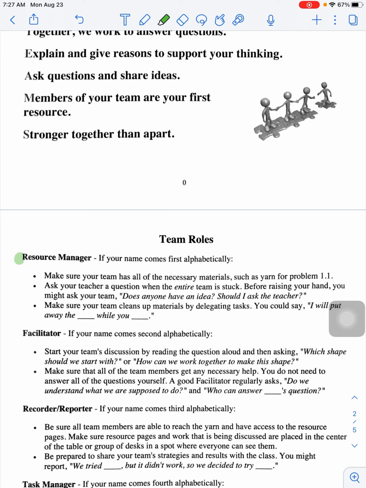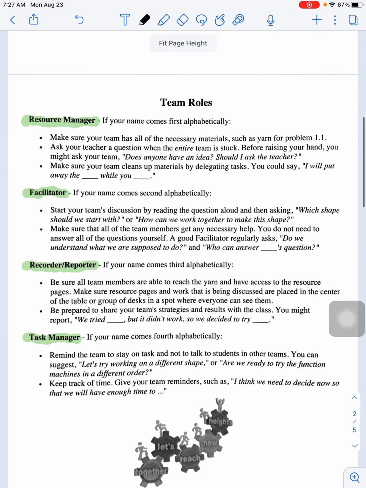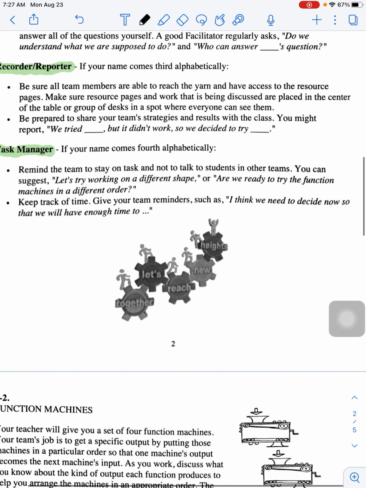If you think back to freshman year, you could have been a resource manager, a facilitator, a recorder, and finally a task manager. If you have the chance, I would just read through the team roles to remind yourself of them, because when you get assigned a team role, you're going to be in that role for the entire first unit. So keep that in mind. Okay, so you have that information for you.